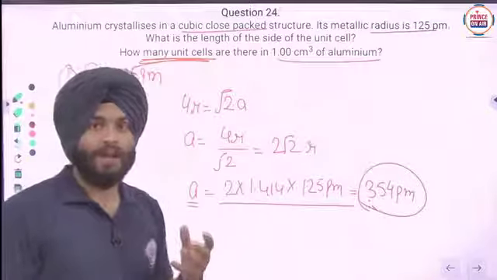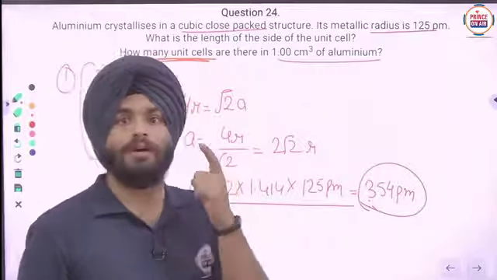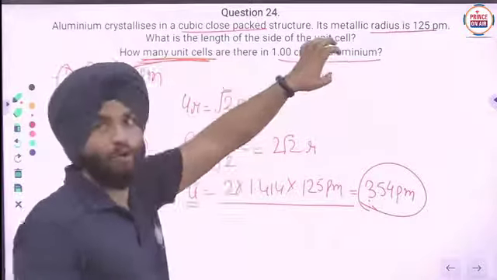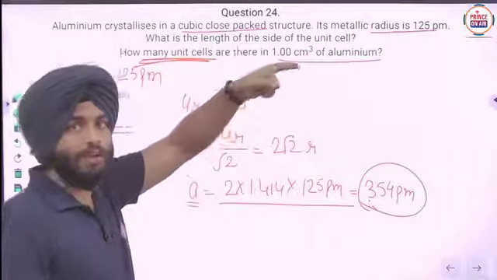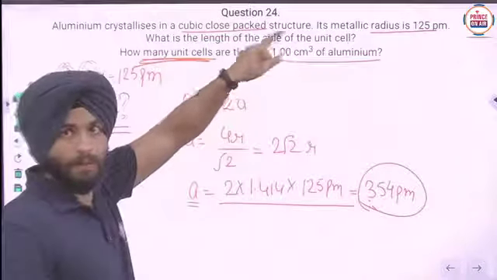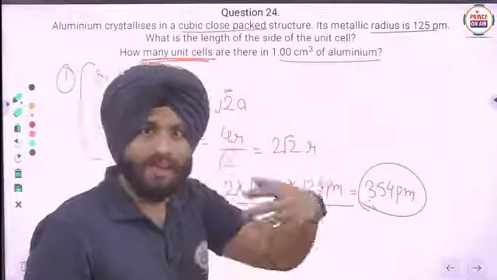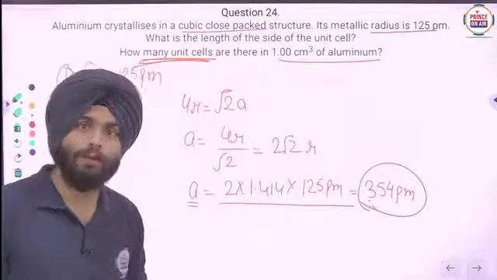If you find the volume of 1 cube, and divide the whole volume by the volume of 1 cube, then in that way you can calculate the total number of unit cells.